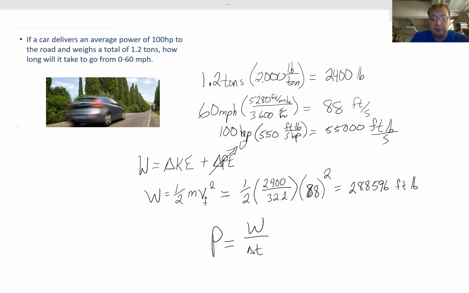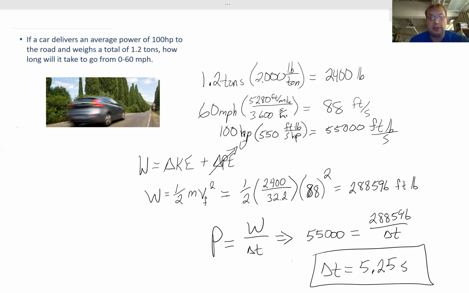As a result, we can plug in and express the fact that the power that we desire to deliver, 55,000, needs to be equal to the 288,596 over the delta t. If we rearrange this, we find that delta t is equal to just over 5 seconds, so 5.25 seconds to be exact. So this allows us to see how we can relate power to work.